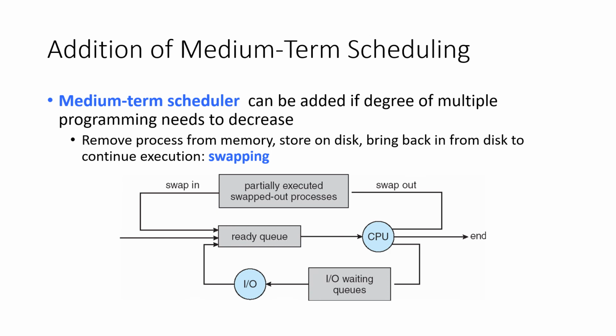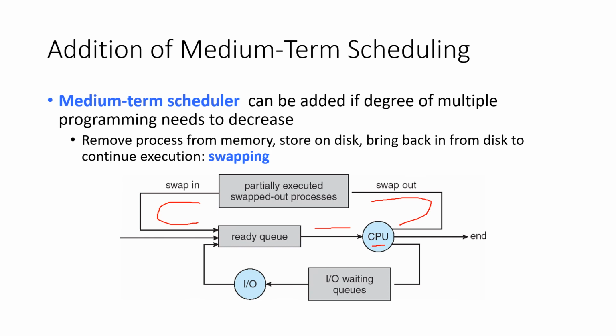If you see in this diagram, from a ready queue, the process enters into the CPU. When it has to wait for something, then we put it back into the virtual memory, the partially executed swapped out processes. From there, we swap it back to the ready queue as space is created in the ready queue.